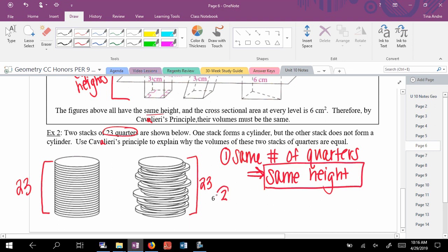The second part is we have to talk about the area of the bases at each cross-sectional level. So no matter where I take a cross-section, I'm going to have the same area. So if we look, since these are all made up of quarters, well, the area of the base of a quarter is going to always be the same. So I'm going to say that it's the same area for each quarter.